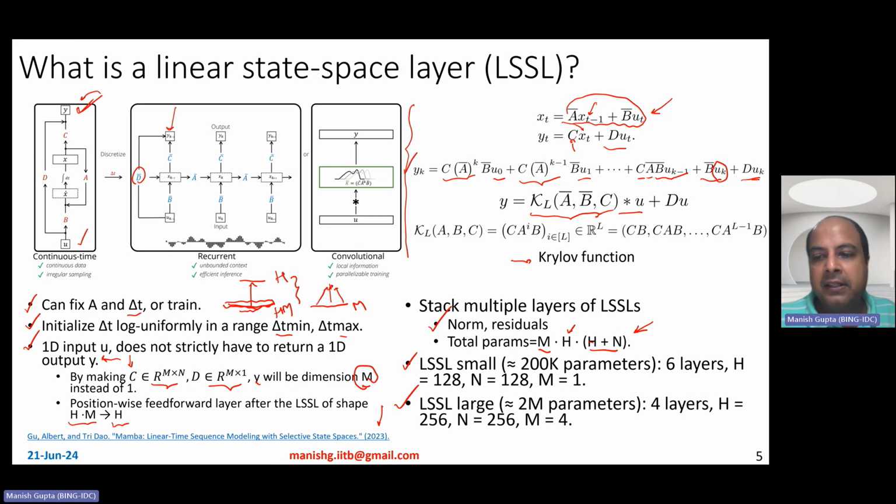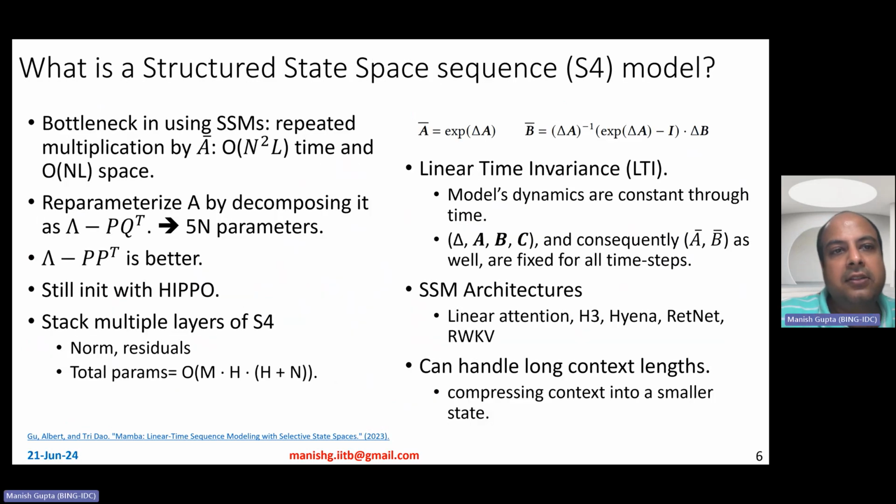Okay. Now that's that. Now let's see what people did further to make sure that this can be trained efficiently using deep learning kinds of operations, without fixing A, but just initializing A. So the bottleneck in using these state space models is that you need to repeatedly multiply by A bar, right?